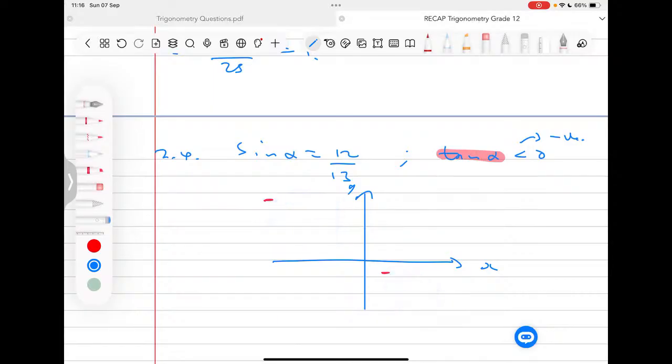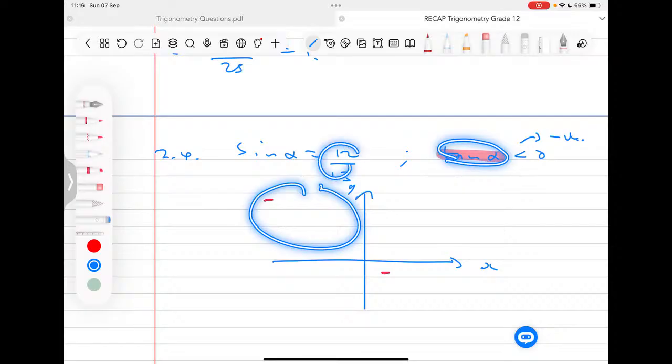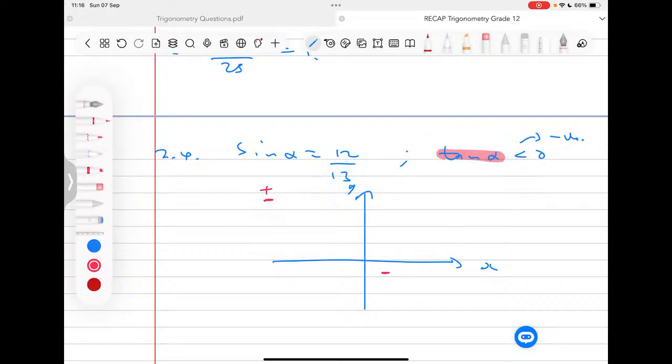But how do I know in which quadrant it should be drawn? Well, I can firstly start by looking at my sign here. We can see that our sine is positive here. Do you see that we're getting a trig ratio that's positive here? And sine is positive on this side. So where the tangent is negative is this side, and also where the sine is positive is this side.